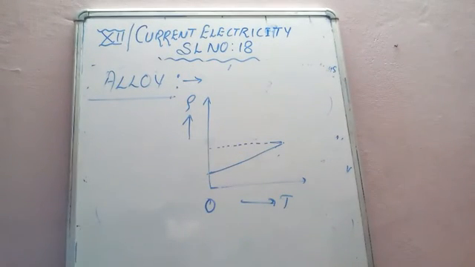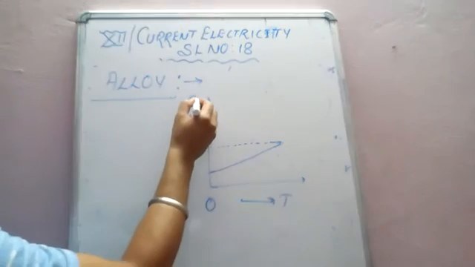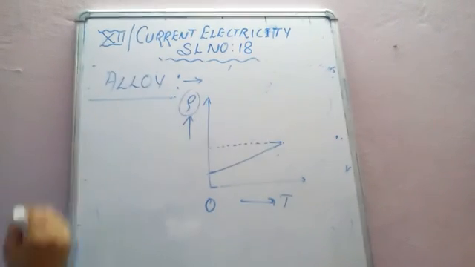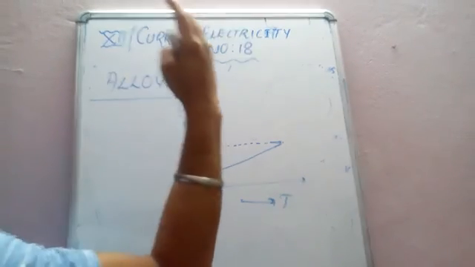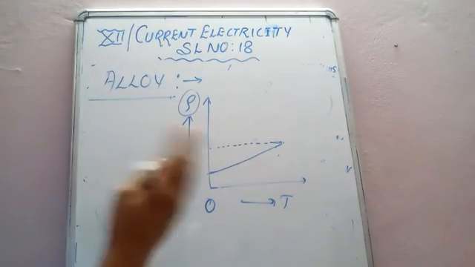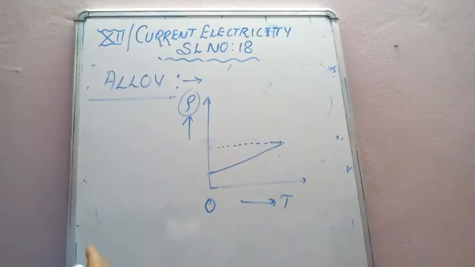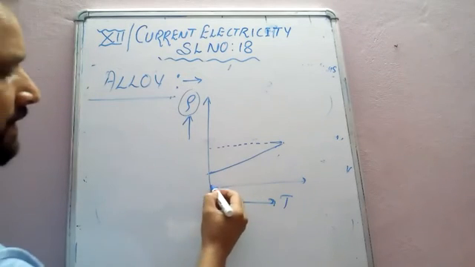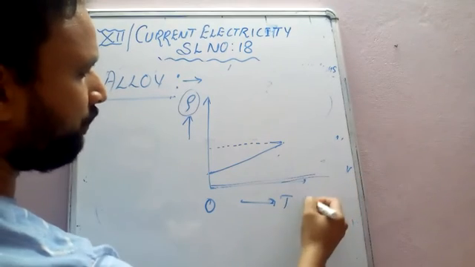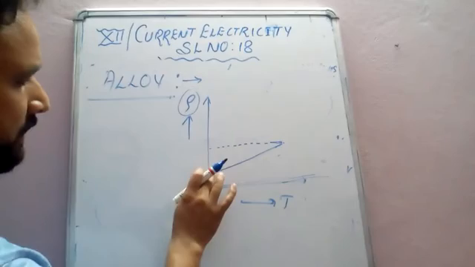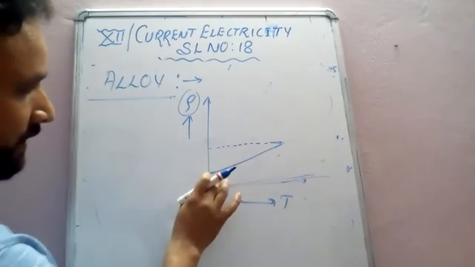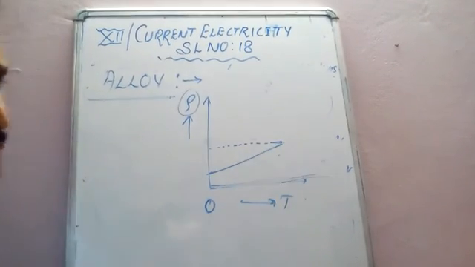Now we can say that the resistivity in case of alloys is somehow independent of temperature. That is, if we are increasing the temperature up to a higher value, 500 Kelvin, 700 Kelvin, we find that the value of resistivity changes very minutely.